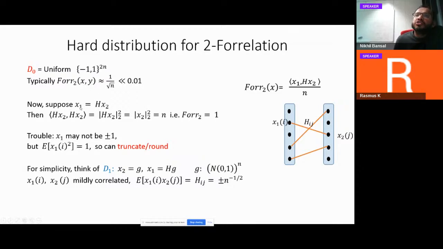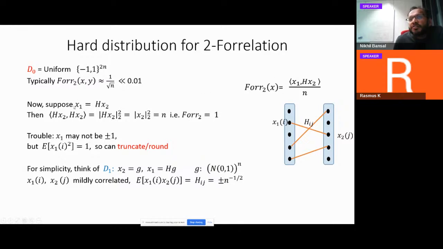Suppose I choose x1 to be h times x2, right? My correlation function was this inner product of x1 times h of x2. If x1 is chosen as h times x2, this numerator here is just the squared norm of x2, which is n. So the correlation value is 1, right?